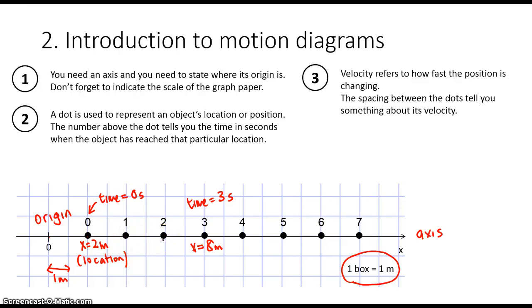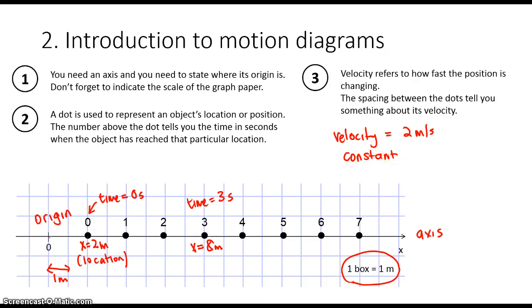So that tells you that the position is increasing by 2 meters every second. In other words, in this case, the velocity is equal to 2 meters per second. And since the spacing between the dots is constant, you can say that the velocity is constant.